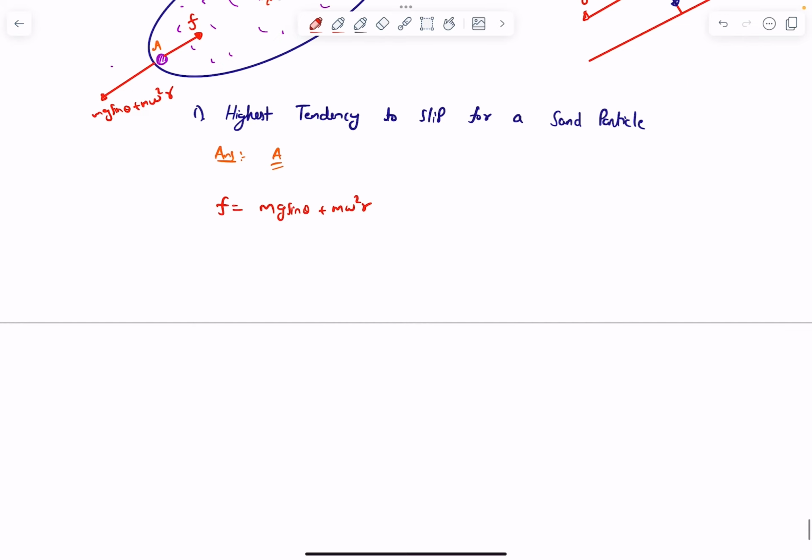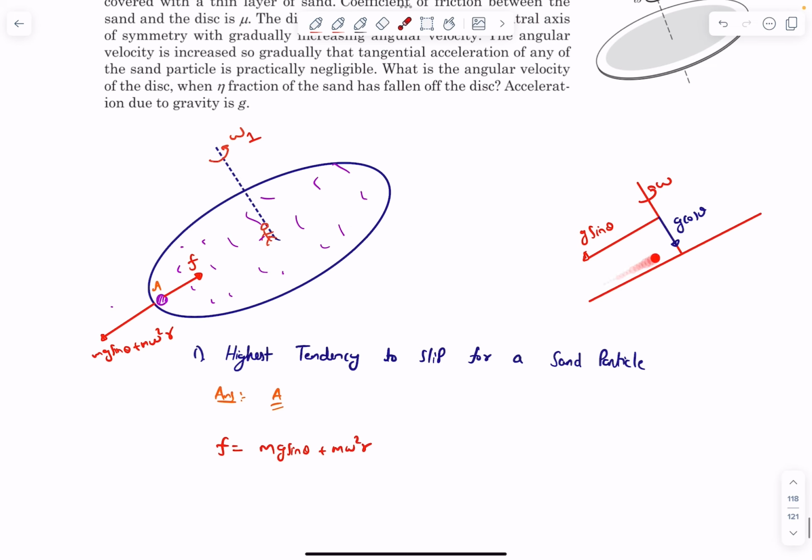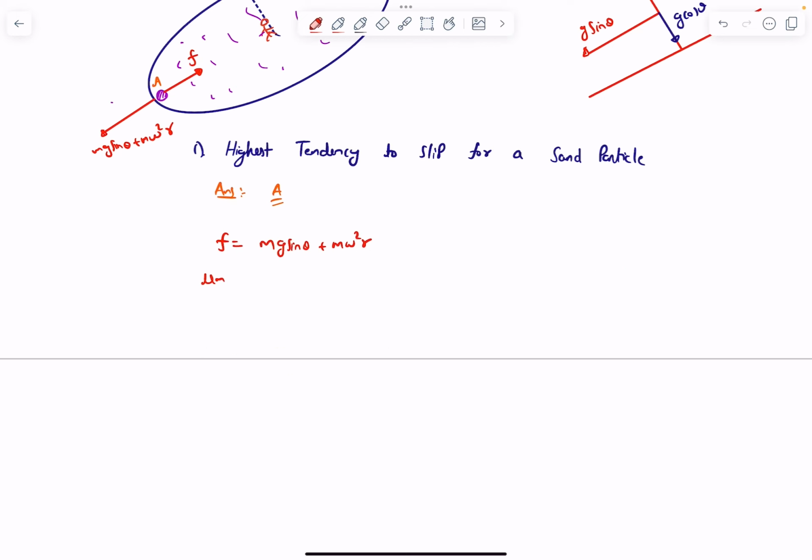Now when it is on the verge of slipping, friction force becomes mu mg cos theta, because if you look from the side, the normal reaction is mg cos theta. So mu mg cos theta equals mg sine theta plus m omega squared r.